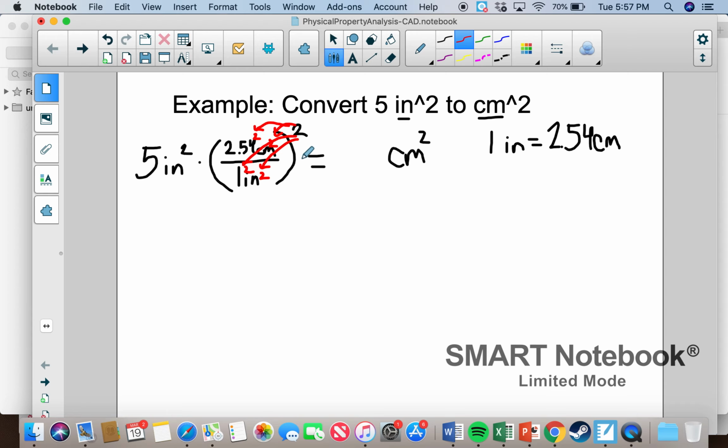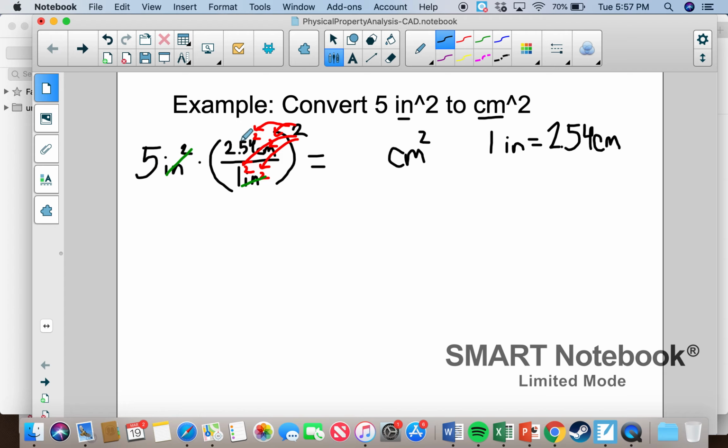All right, so now I have inches squared in my denominator across from the inches squared in my numerator. So now my inches squared can cancel, and I'll be left with centimeters squared, which is what I want. I just now have to do the math.